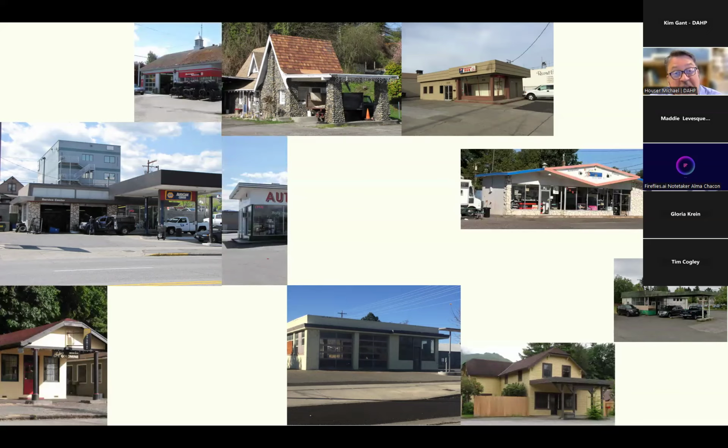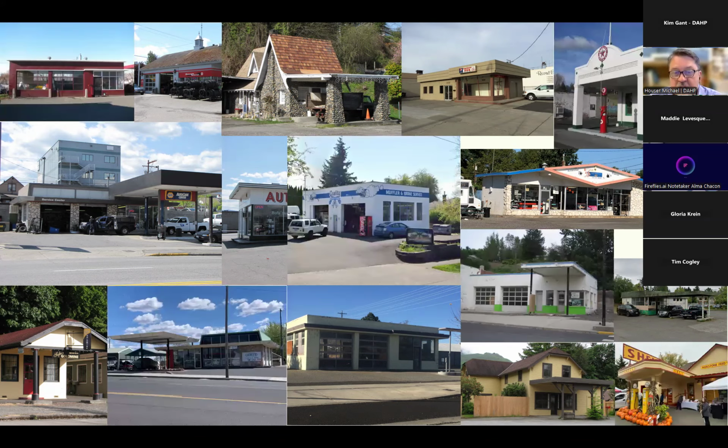So, for instance, if you used gas station as a terminology for a building form, not necessarily use, you would get all kinds of crazy things like this. And when you look at these things, you're like, sure, it's a gas station, but they look very different, right?